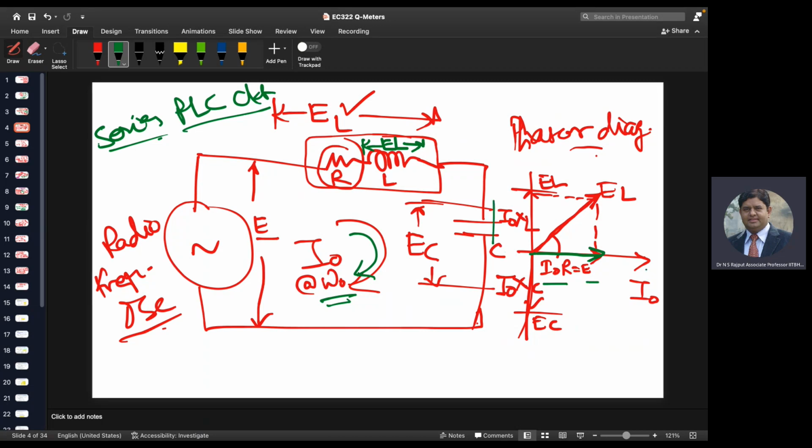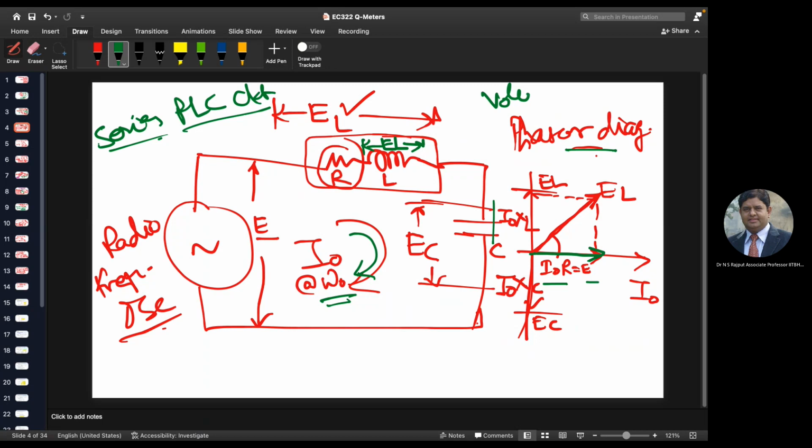So actually this is a phasor diagram, which is a voltage current relationship, right? The voltage drop will be in phase with the current flowing through the resistance, whereas the voltage across the inductor, shown as capital EL, will be leading by 90 degrees with respect to the current, and its value will be I naught XL, right?